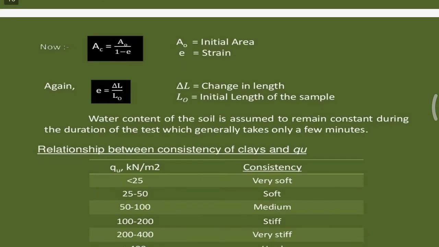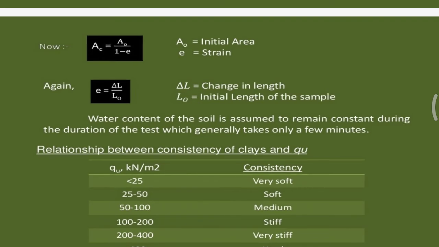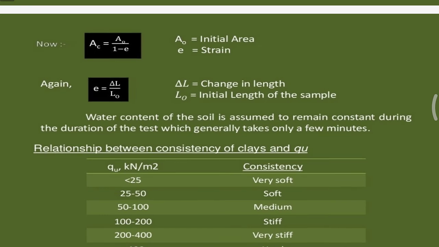Here you can multiply and rearrange the formula like this. At the bottom, rearranging the formula, e is equal to delta L divided by L0, where delta L is the change in length and L0 is the initial length of the sample.